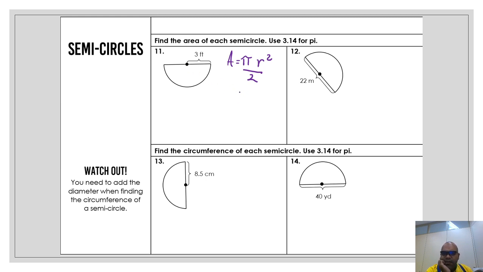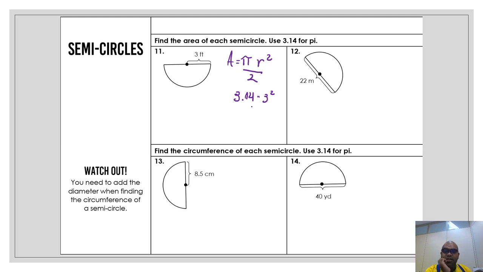Okay, mister. The pi number, 3.14. The radius square, in this case, is 3 times 3. 3 square. It will be 9. Let me use it here. 9 times 3.14. It is 28.26. Mister, I think you are missing one thing.